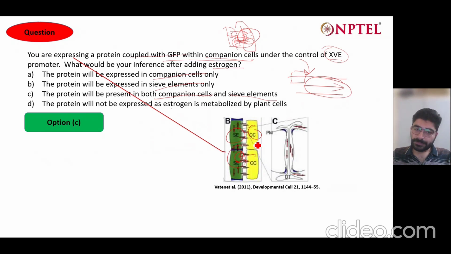So if we express a protein within the companion cells, it will also be present in the sieve elements. So it will be present both in companion cells as well as in sieve elements when estrogen is used to express the protein. Okay.